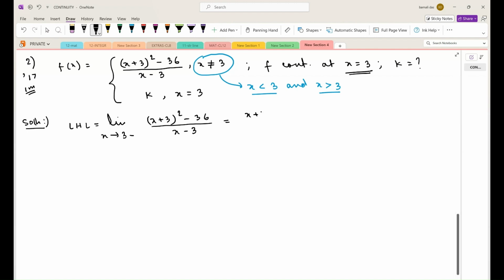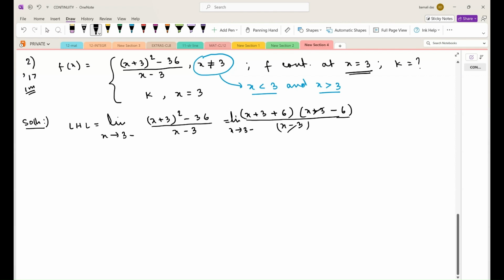So a plus b into a minus b by x minus 3 limit. And yes, don't forget to write this limit part, then you lose marks, and I think you will lose it heavily. Be careful. So you can see that this factor and this factor gets cancelled.